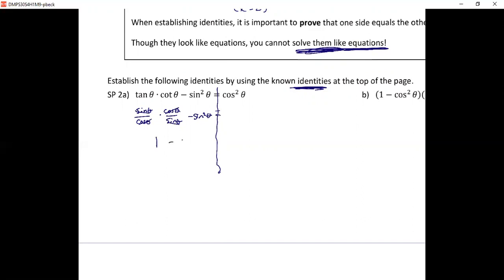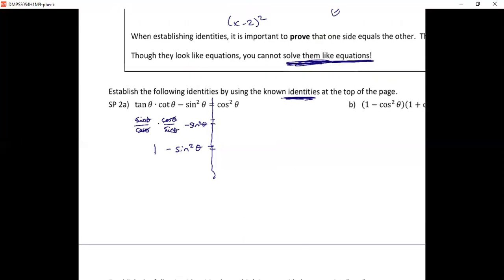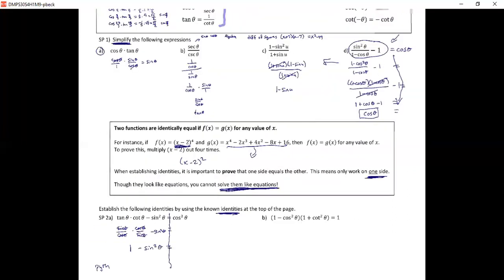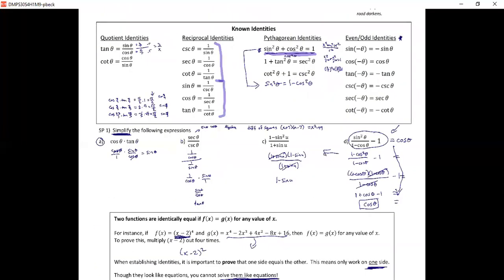and tangent times cotangent really is equivalent to 1. So now I have 1 minus sine squared of theta, that my goal is to get equal to cosine squared of theta. Well, how do I do that? This is where I can use the Pythagorean identity. So the Pythagorean identity, 1 minus sine squared does equal cosine squared. So let me write that down, just in case you don't know that one.